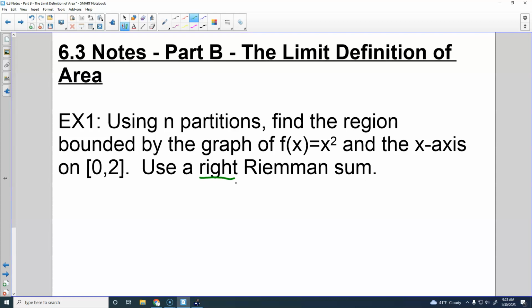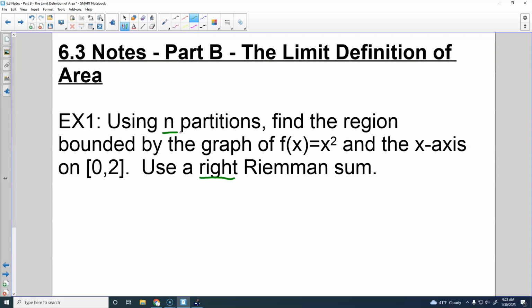And this time, how many partitions do I use? I don't know, right? I'm using an arbitrary amount of partitions. It could be 2, or it could be 10, or it could be 25, or 1,000,000. All right, I don't know.